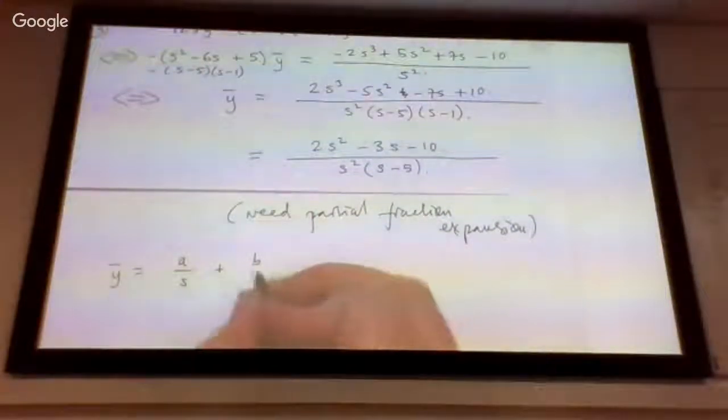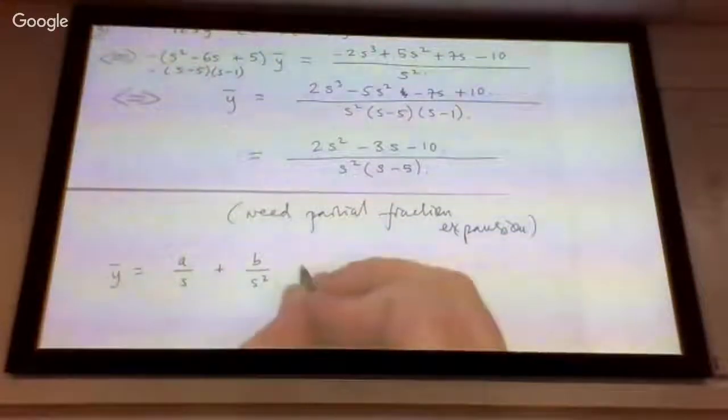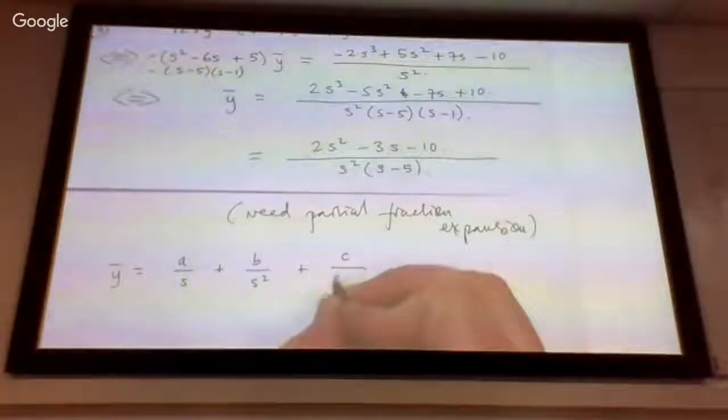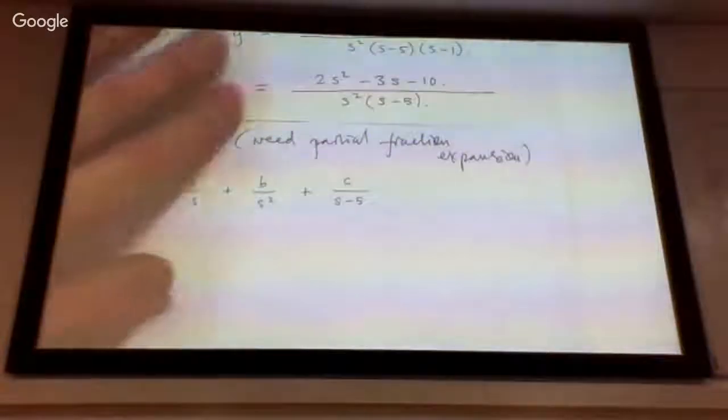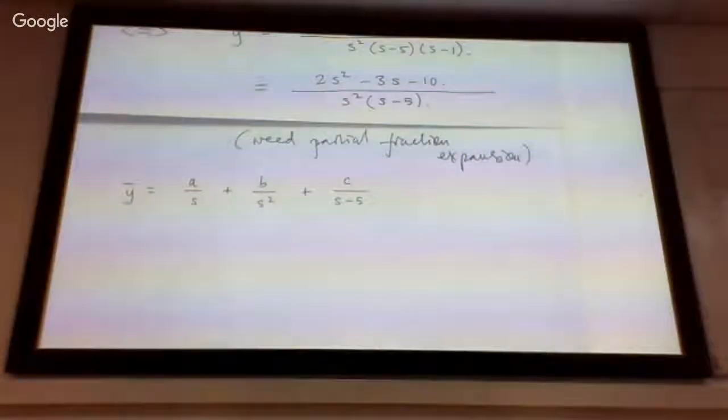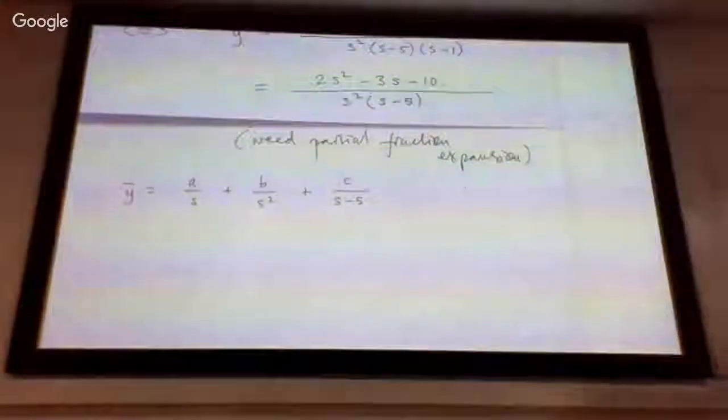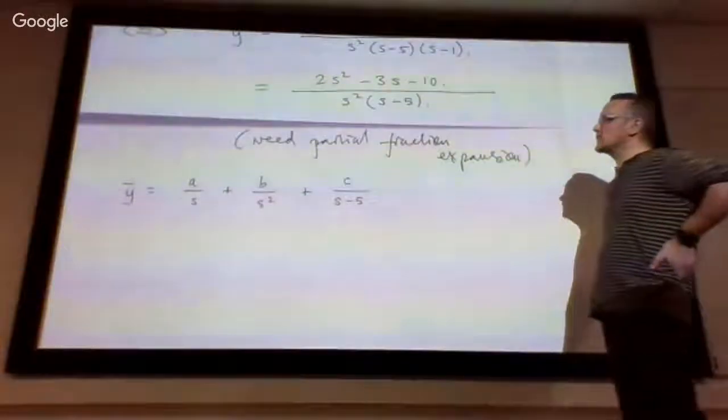So it's going to be A over s plus B over s squared plus C over s minus 5. That's the kind of partial fraction expansion we need. Will you allow me to shortcut the finding of those coefficients? We know the process of finding partial fraction expansions.